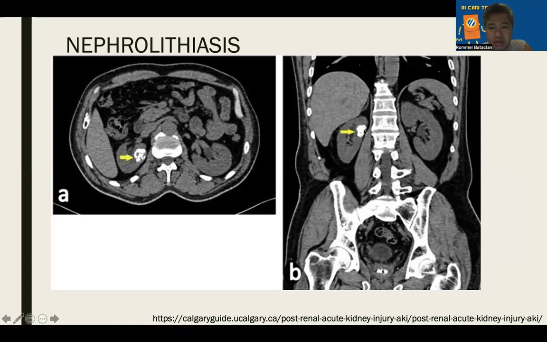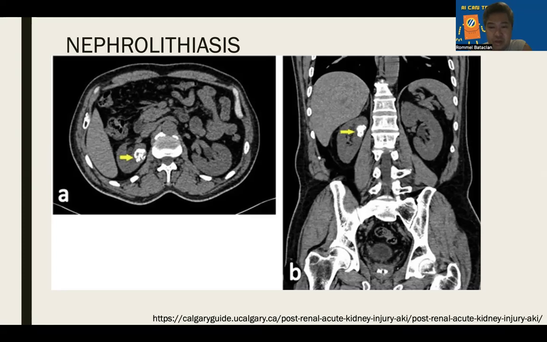The intensity of these stones can be measured by Hounsfield units. A particular type of kidney stone, for example, would have a range of Hounsfield units.